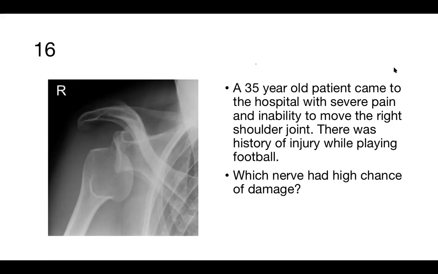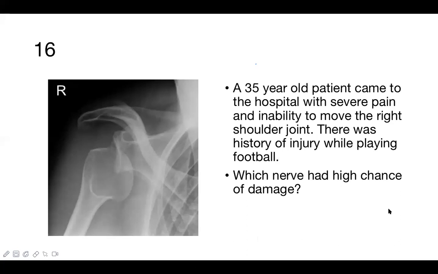Always, if any question comes about shoulder joint dislocation and they ask which nerve is damaged, you remember axillary nerve, because this axillary nerve is present very near to the joint. It is passing through the surgical neck of the humerus, so it is right here in this area.